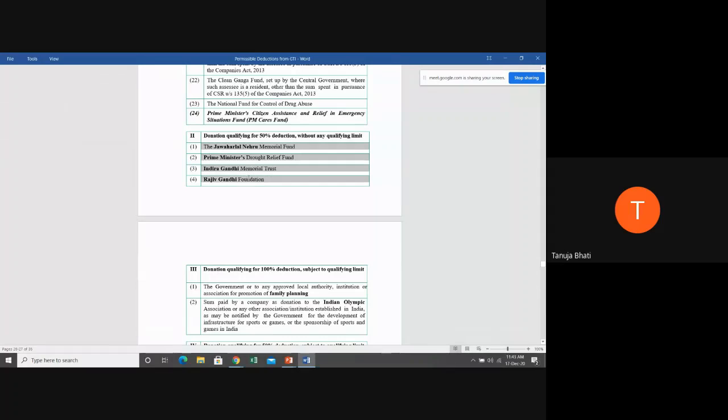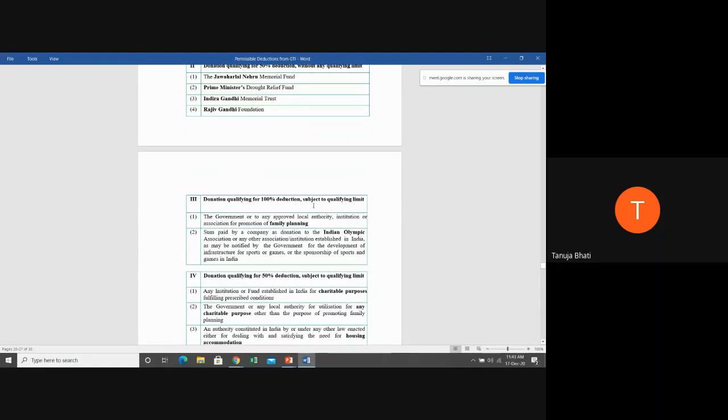So if an assessee is contributing to any of these 4 funds, trust or foundation, he is going to get a deduction of only 50% of the amount he is contributing, but without any limit. Then the third category is donation qualifying for 100% deduction, but subject to some limit. And the fourth category is donations qualifying for 50% deduction subject to some limit.